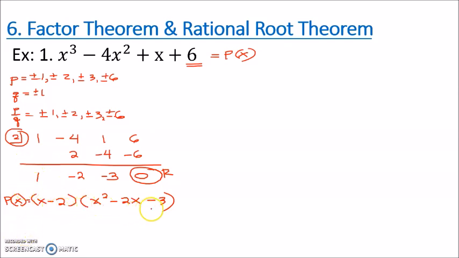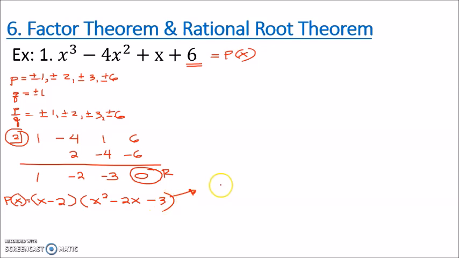What are the other factors? So, ito yung ngayon, yung ifa-factor natin, using the factoring techniques that we have discussed previously. Okay? And so, with that, this is a general trinomial of the form x squared plus bx plus c, diba? So, maghahanap tayo ng factors ng negative 3 na kung i-add or subtract natin, magiging negative 2.